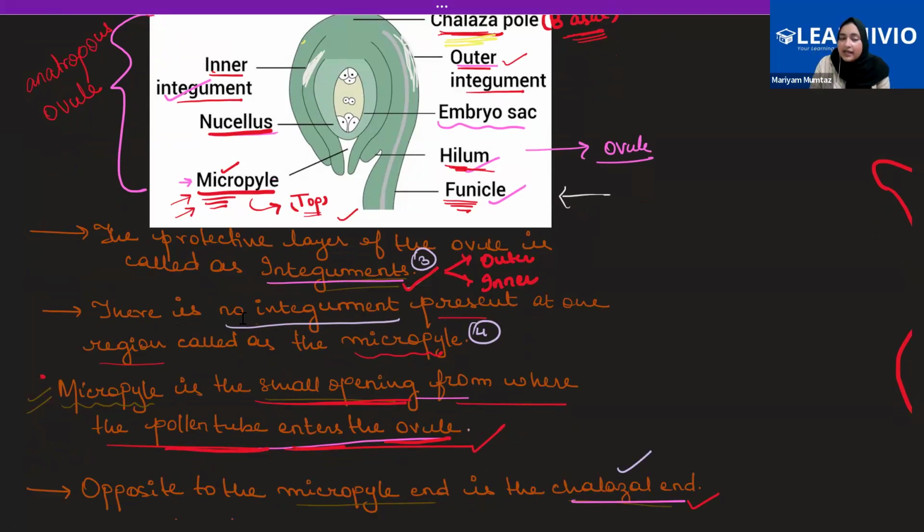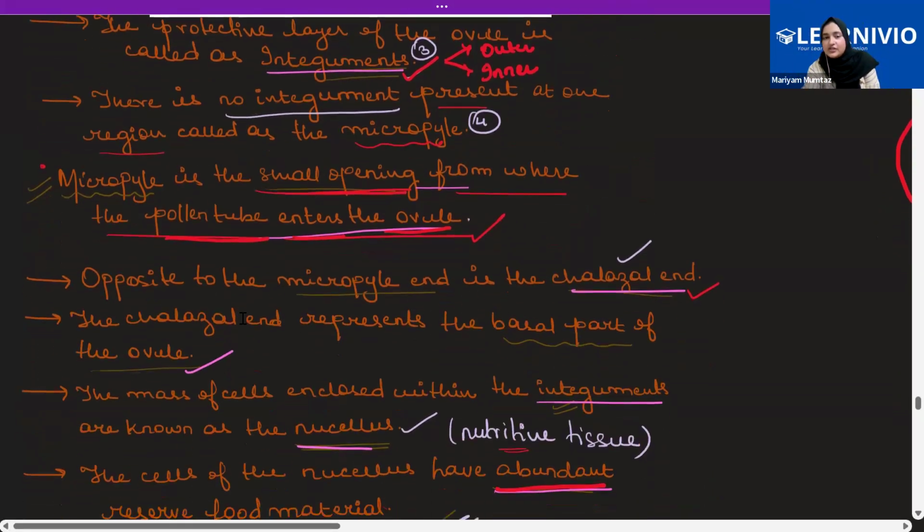Always remember, the micropyle region is the top portion. It is the small opening from where the pollen tube enters the ovule. Right opposite to the micropylar end is the chalazal end, which is the basal part of the ovule.